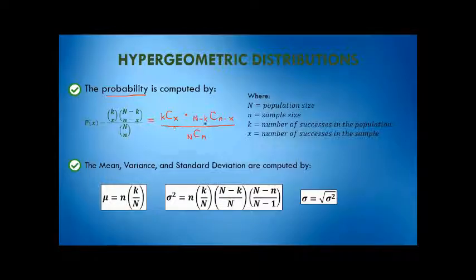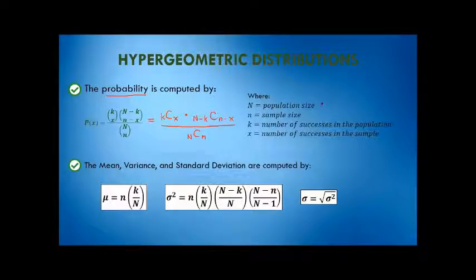So, ito yung katumbas niya sa combination. So, KCX times capital N minus KC small n minus x all over capital N C small n.